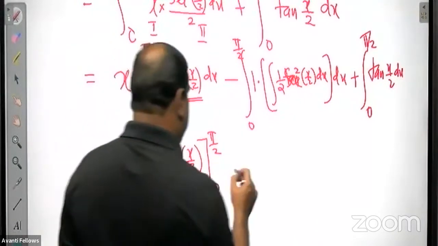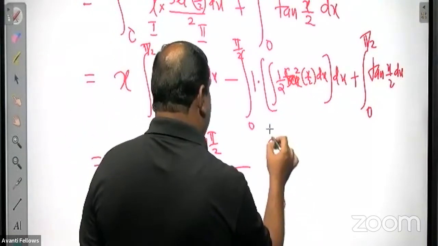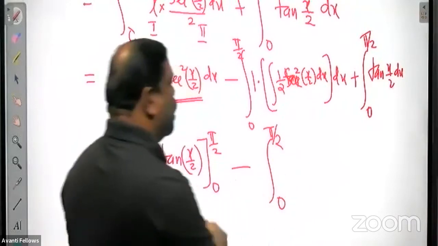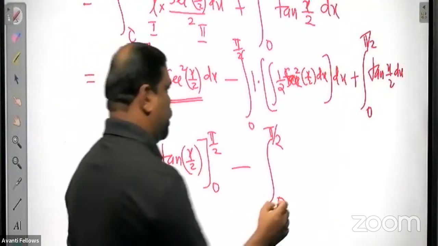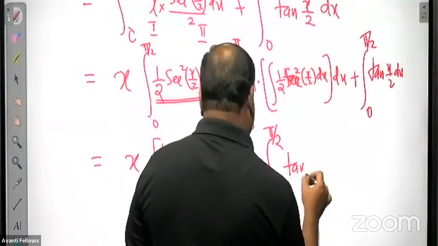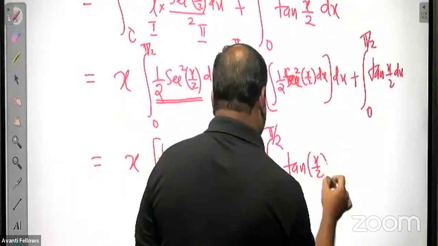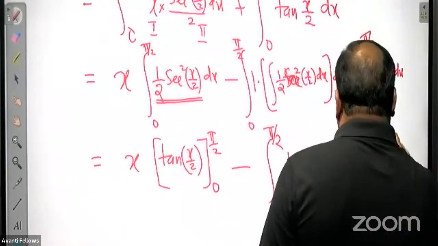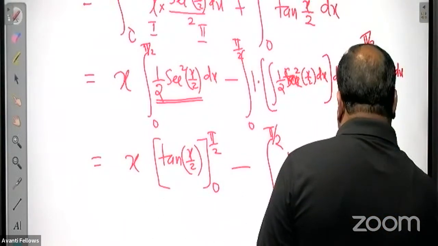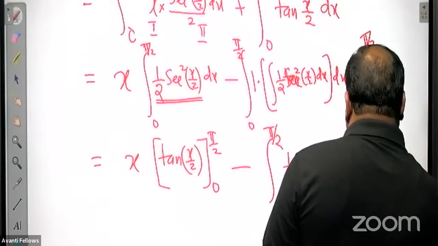Minus, again here also, 0 to pi by 2, integral of half sec square x by 2 dx means tan x by 2. Plus the last integral, same as it is.